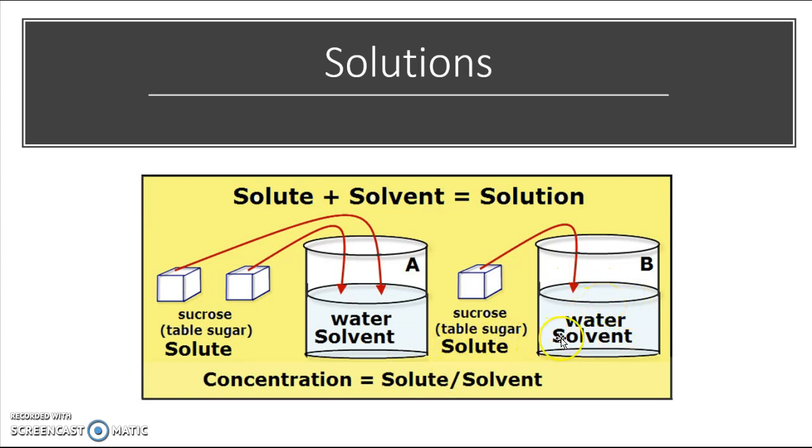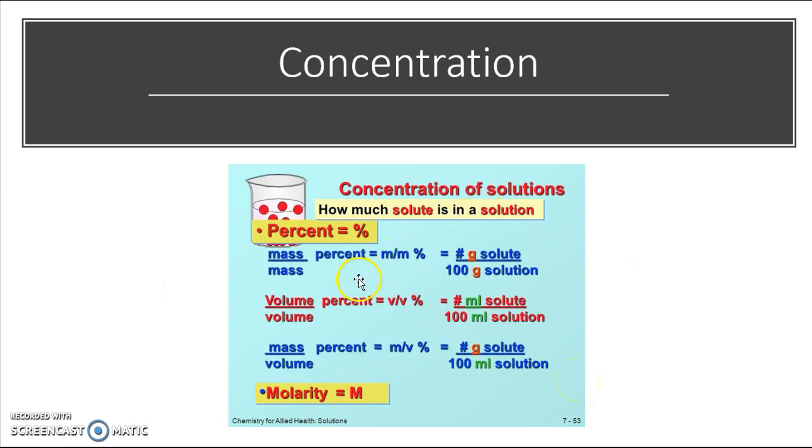The concentration of this solution is given by the ratio of the solute to the solvent. But here we have some examples of how I can ask you the concentration of a solution. For example, if it is about mass percent, it is the mass of solute in 100 grams of solution, of course, multiplied by 100.